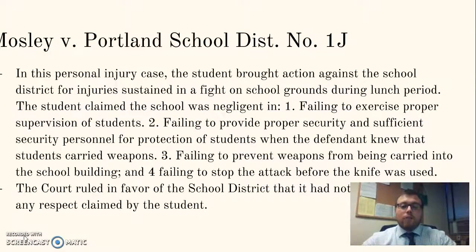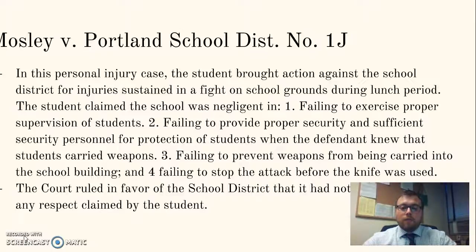The next court case that we will look at is Mosley versus Portland School District number 1J. In this personal injury case, the student brought action against the school district for injuries sustained in a fight on school grounds during a lunch period. The student claimed that the school was negligent in 4 different areas. Number 1, failing to exercise proper supervision of students.